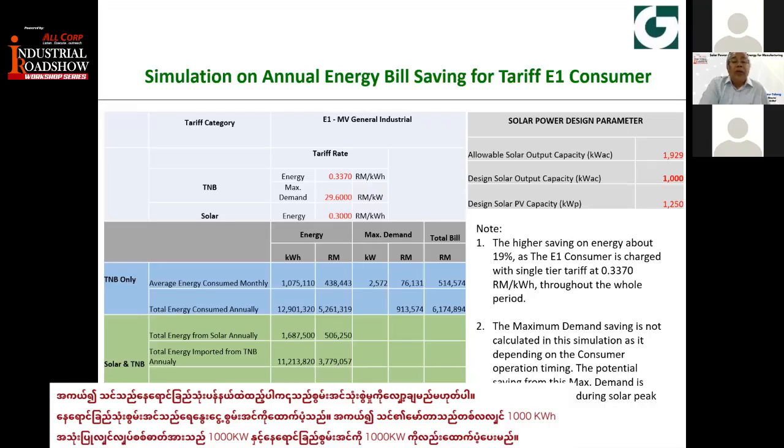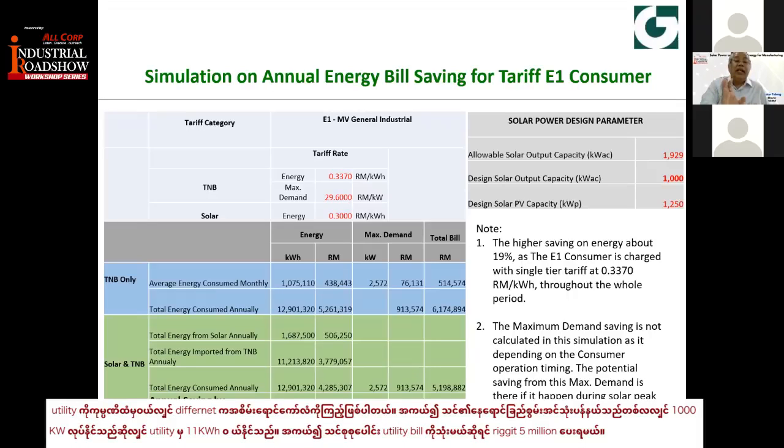If you put in solar panels, you see, solar panels do not reduce your energy consumption. Solar panels provide the same energy for your load. If your motor is using 1,000 kilowatt hour per month, electricity will supply 1,000 kilowatt hour, and solar will also supply 1,000 kilowatt hour. But the difference is, look at the green column.